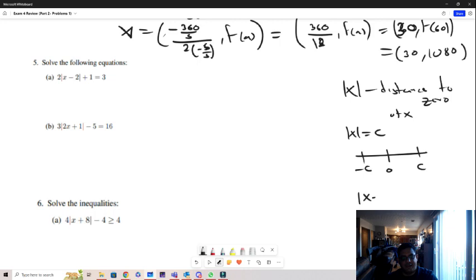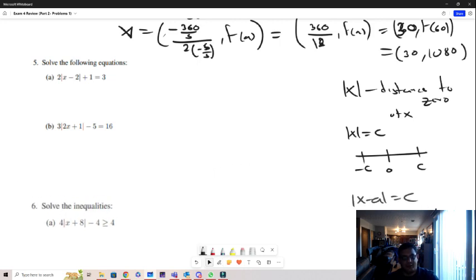And so if I have the absolute value of x minus a is c, then that means that for some specific point a, I'm moving at distance c. So I'm going to a plus c, or I'm going to a minus c. So these are the 2 points that gets me.